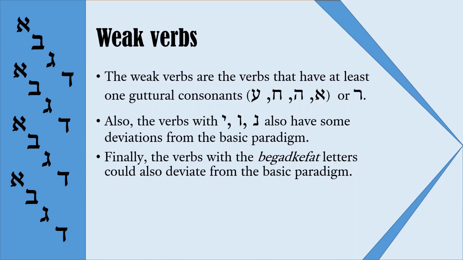Because of these guttural letters or nun, vav, yud, the conjugation of those verbs deviates from the basic conjugation. And do you know why they choose the verb katal, which actually has a not very pleasant meaning, to kill? Why did they choose it for the paradigm conjugation, like a model conjugation?